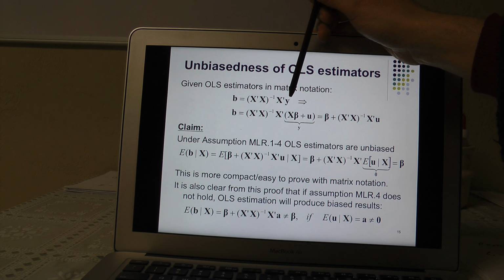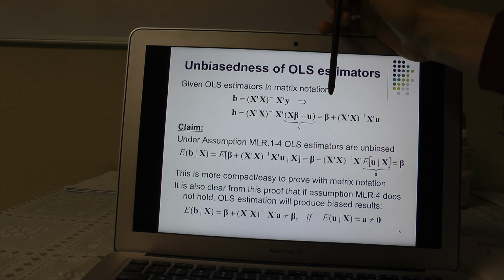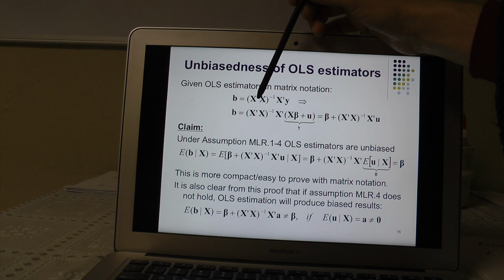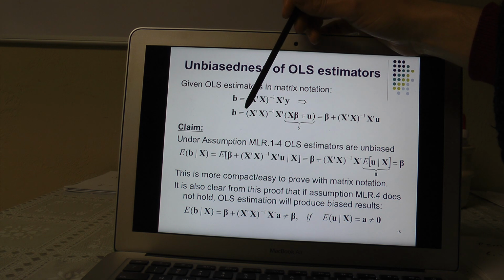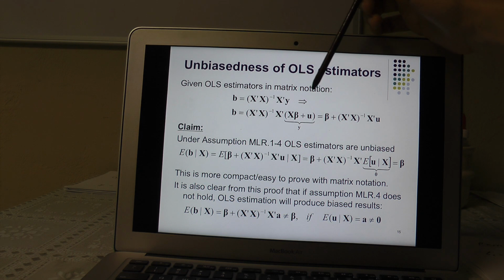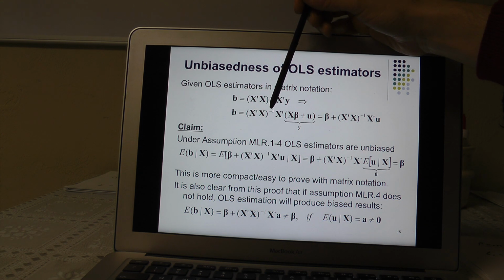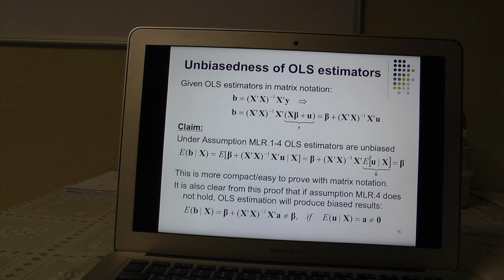Just like before, we can now insert what y is, and y is X beta plus u. When we open the bracket, (X prime X) inverse and this X prime X cancel out, and it leads just to beta. Then what we have is (X prime X) inverse X prime u, and that's this term here.